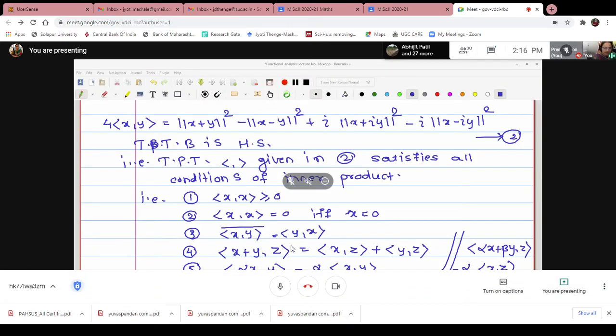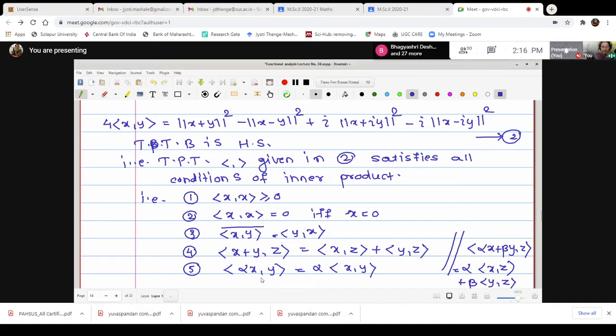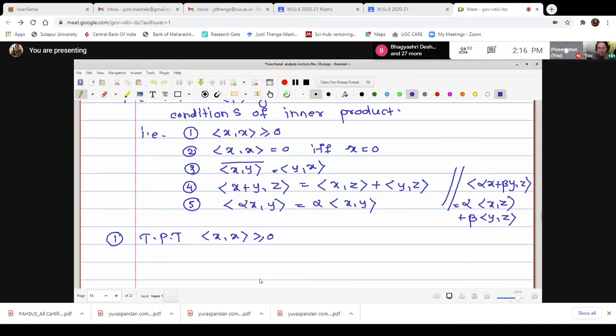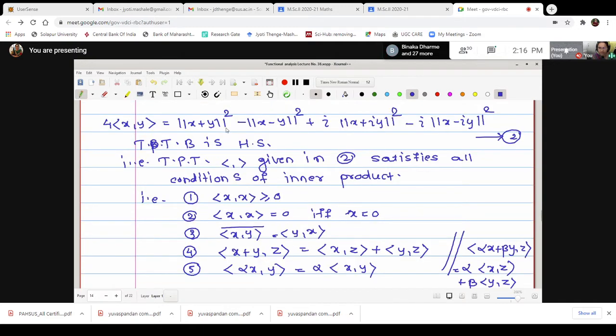For inner product xx, in this equation number 2 we will replace y by x, so that it will be the inner product x with x. Is everything clear up to this? Am I audible? Is the screen visible? Yes. Okay, fine.